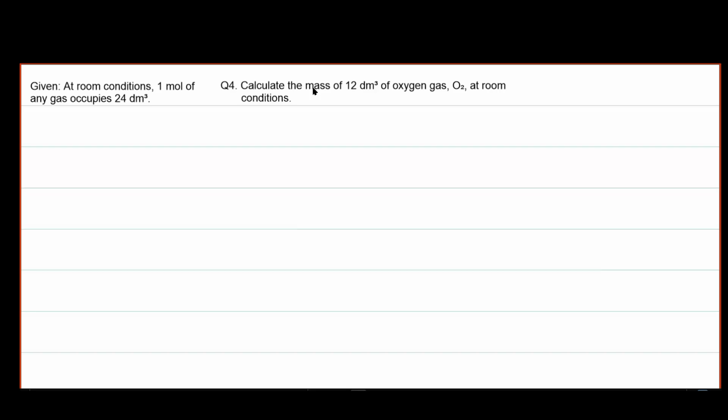Question 4. Calculate the mass of 12 dm cube of oxygen gas at room conditions. When I see the word mass, I'll think of number of moles is equal to mass over molar mass. Since we have a gas, I'll think of the formula number of moles of gas is equal to V over 24.